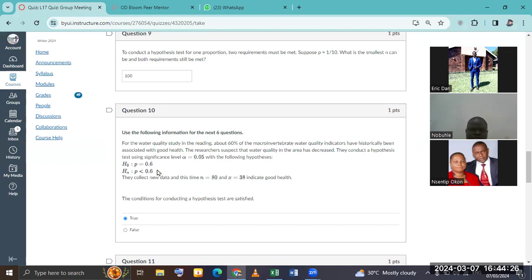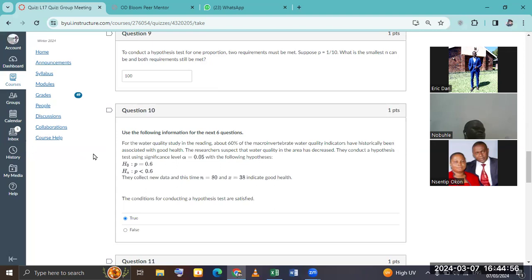So 10 says, use the following information for the next 6 questions. For the water quality study in the reading, about 60% of the microinvertebrate water quality indicators have historically been associated with good health. The researchers suspect that water quality in the area has decreased.